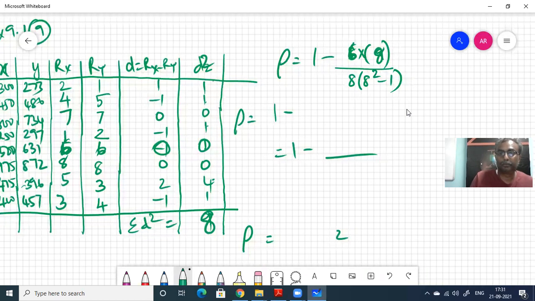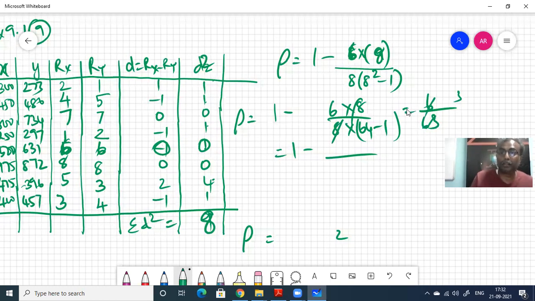Let's do 6 into 8 by 8 into 64 minus 1. That is equal to 6 by 63. It goes by 3, 3 times it goes. 2 by 21. 1 minus 2 by 21. So you have to change the answer.